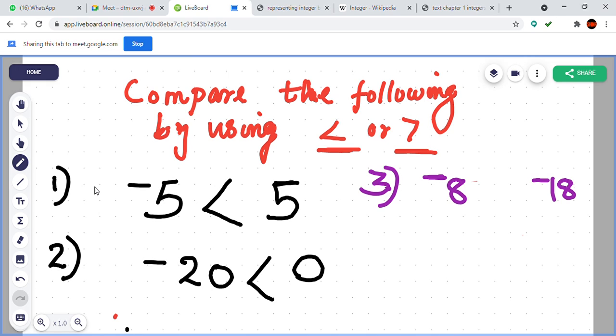Sean, can you say the answer? Sean Matthew. Sorry, I can't hear you. Which is the symbol in between negative 8 and negative 18? Sorry, we can't hear.